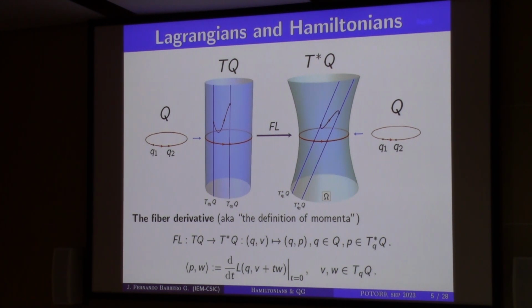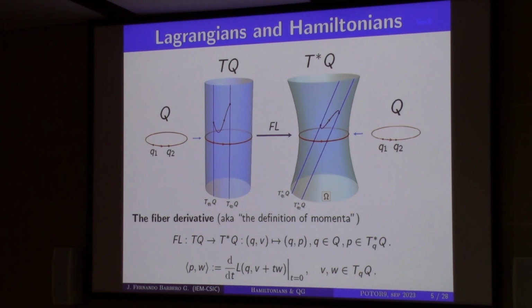Now, the first step to get a Hamiltonian is to define the momenta. Mathematicians often refer to this as the fiber derivative. This is a map from the tangent bundle to the cotangent bundle that preserves the fibers. So to a point in the fiber over Q in the tangent bundle, you associate a point in the fiber also over Q in the cotangent bundle.